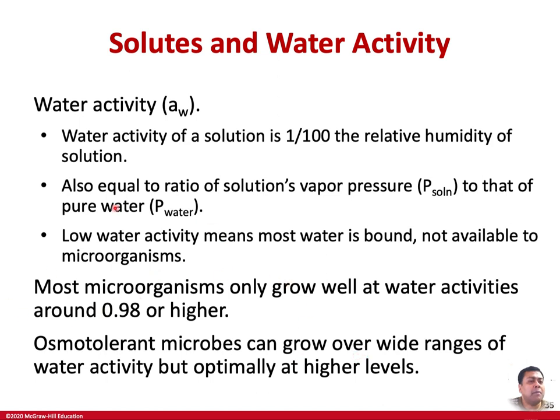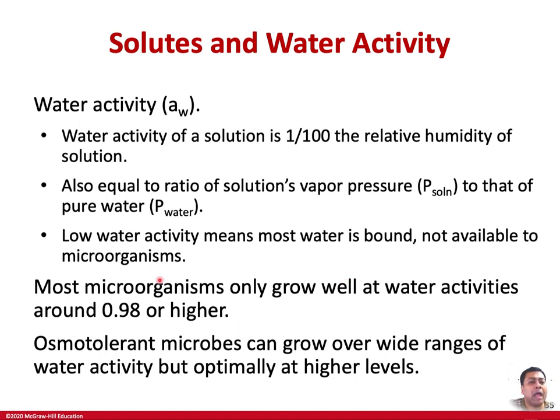What we mean by the available water or the water activity is just as simple as adding salt, for example, table salt or sodium chloride, in a cup of water. As you are adding the salt into pure water, the water activity is going down. Most of this water is now bound in the solubility state of the sodium chloride, and is not available for the bacteria to grow.